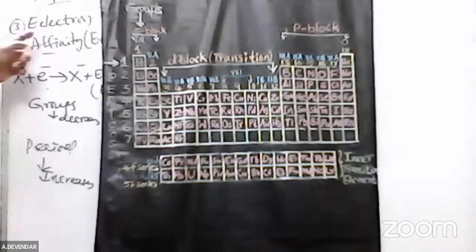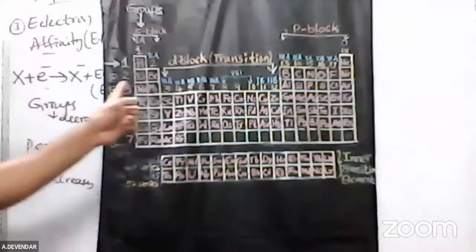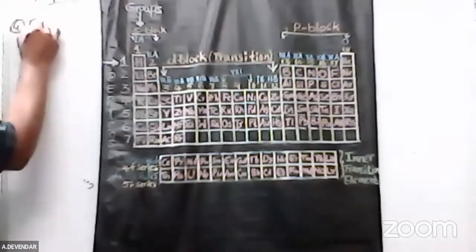See, this is the case we have to study for electron affinity. So in the groups from top to bottom electron affinity decreases. In the period from left to right electron affinity increases. Okay, the last property is electronegativity. The last property, the fourth property, is electronegativity.